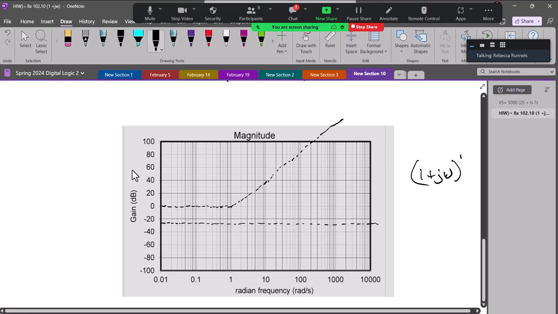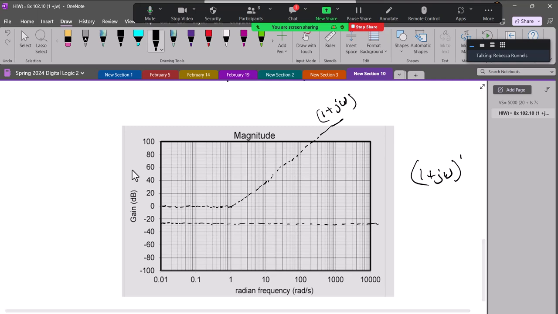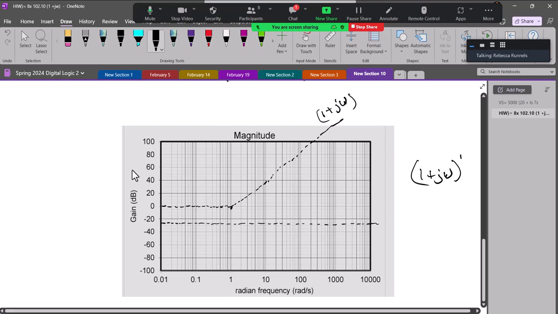And this one is from 1 plus j omega. Okay, then I have my pole through the origin, and a pole through the origin goes through 1 and has a slope of negative 20. So it goes through 1, has a slope of negative 20.